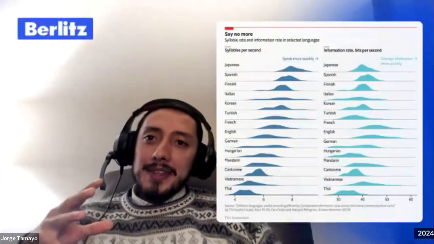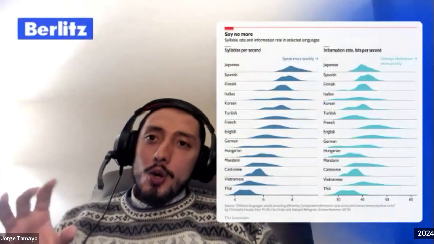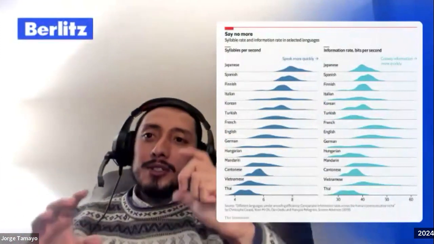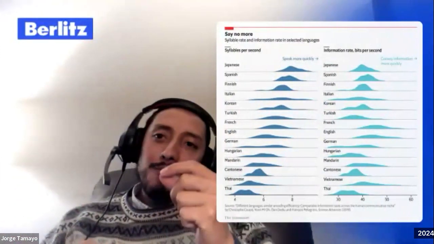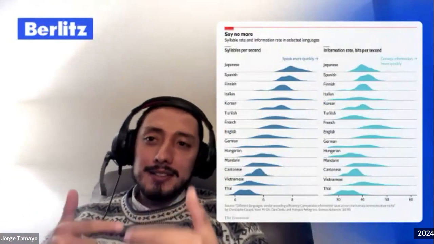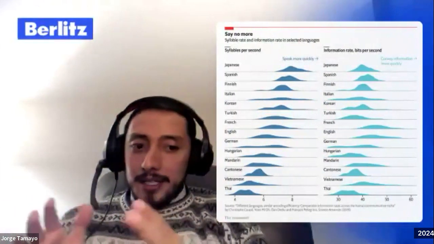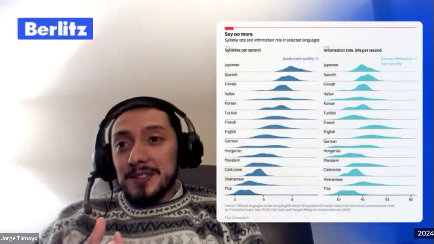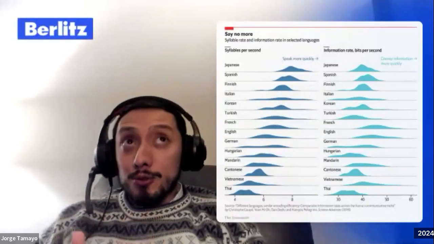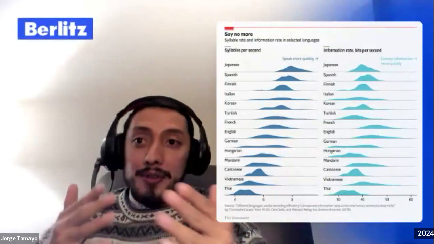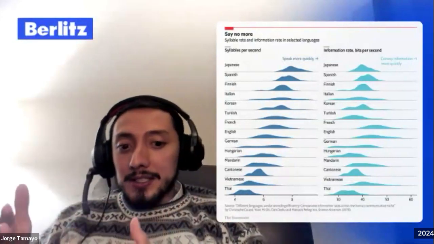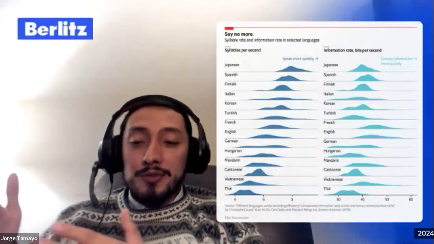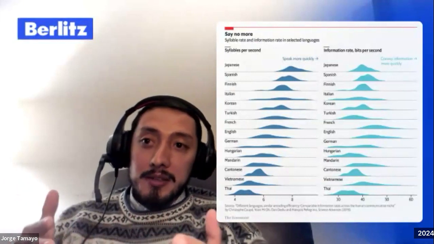That means that in spite of being a slow language, information is conveyed at a much faster rate than in Spanish. To put this in another way, in Spanish, you will need to use a lot of words to say a simple thing. Whereas in English, you'll use much fewer words to say the same.